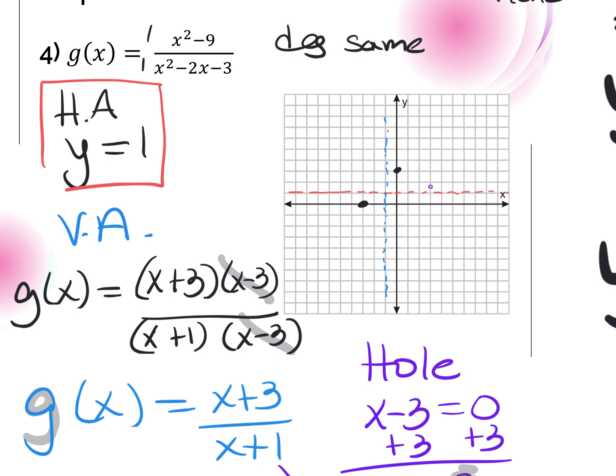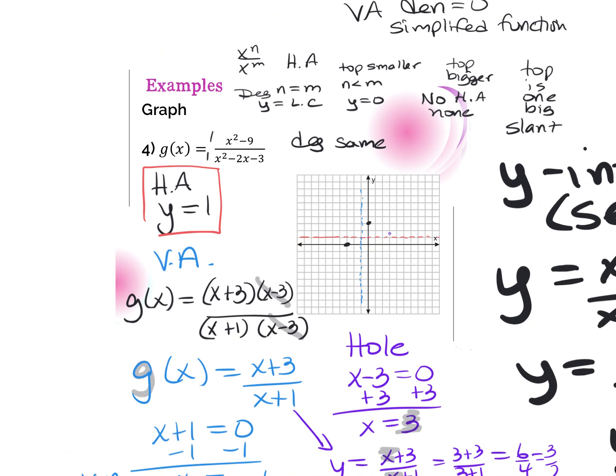Now, what you're going to do to get your additional points is key in the original function into your calculator, and then you're going to use the second button and then the graph button to get the additional ordered pairs. Now, I want you to list the additional ordered pairs in your homework and on the quiz.